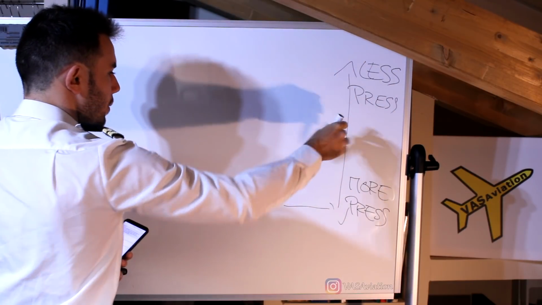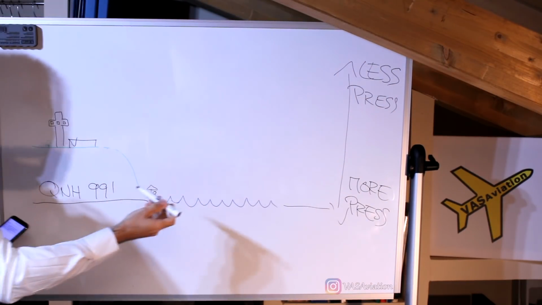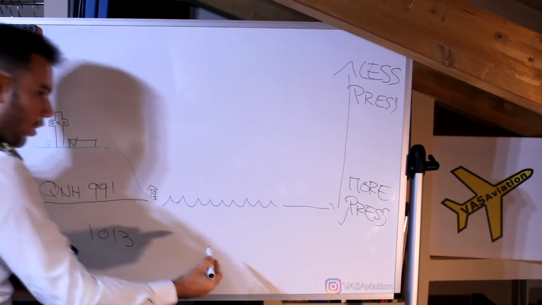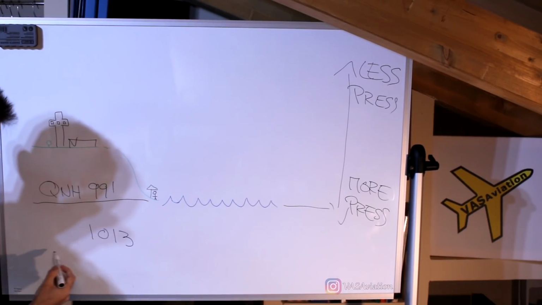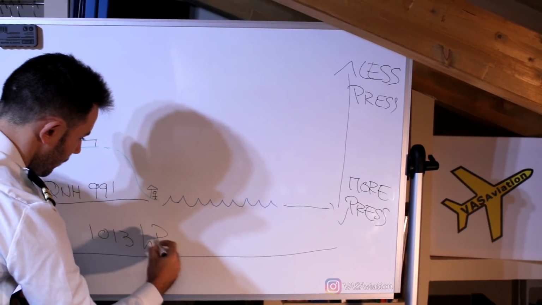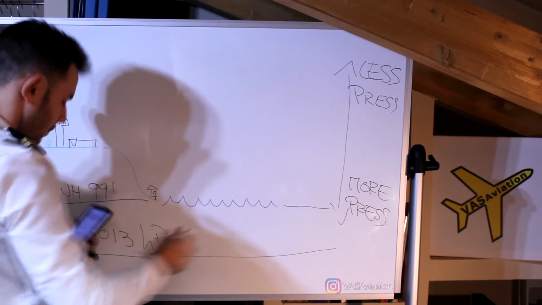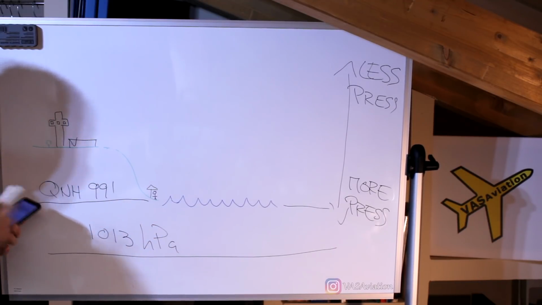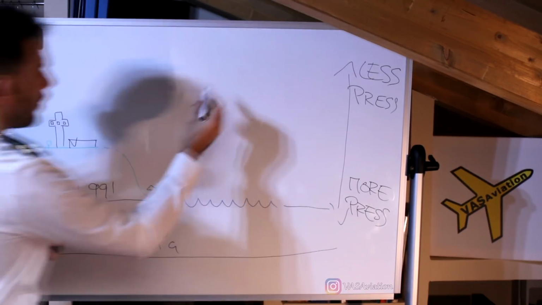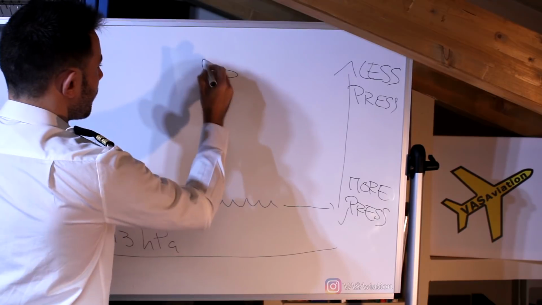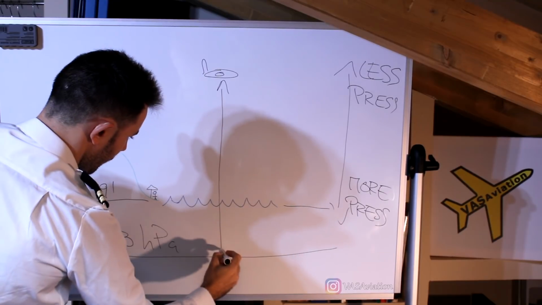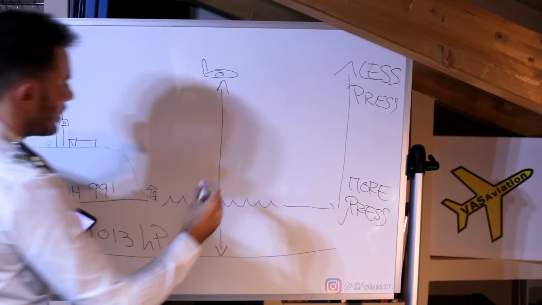As we descend, pressure increases. So the 1013 isobar will be somewhere below the 991 isobar. Somewhere, we don't know where. And from this datum, the 1013 datum, we're flying and reading 3,600 feet.